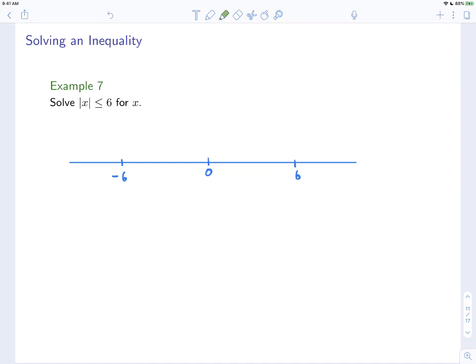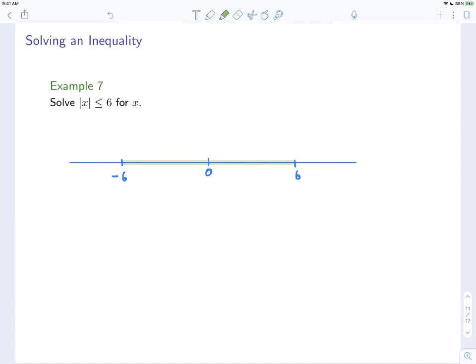So the numbers that we're interested in are these numbers. All of the numbers between -6 and 6. We're also interested in the numbers whose distance is actually equal to 6. So this inequality is all x such that the absolute value of x is less than or equal to 6. Well, if it's equal to 6, that means it's on these endpoints.